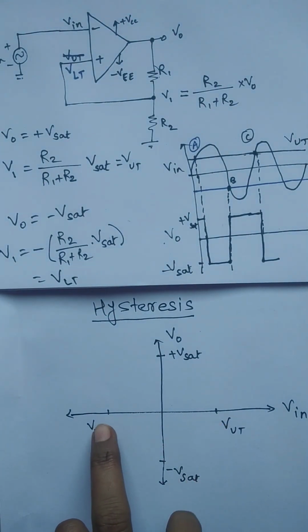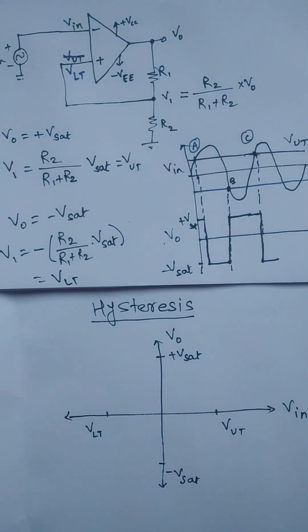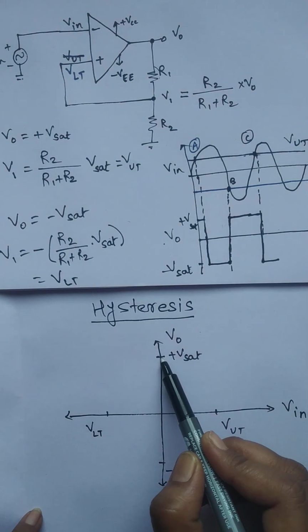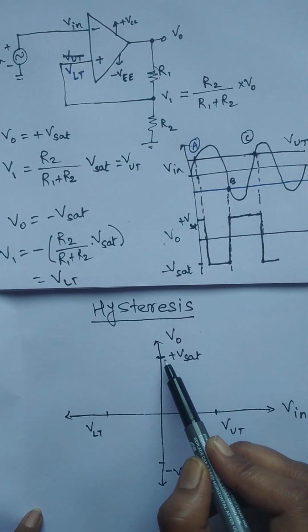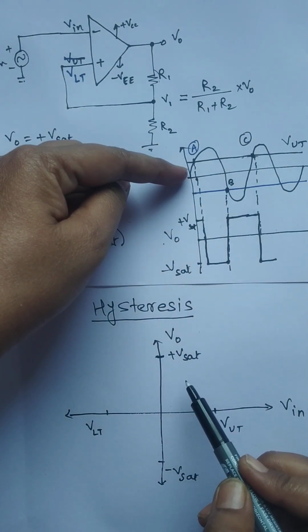VUT is positive and VLT is negative. Initially let us assume V output is equal to plus Vsat, and now you can compare with this waveform and draw this hysteresis diagram.